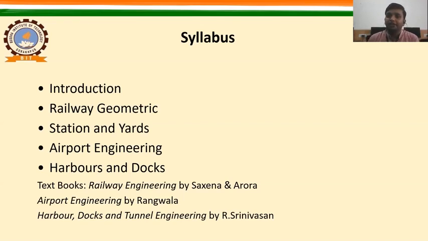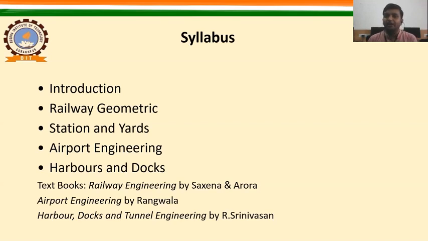Now coming to the textbooks which I will refer to all the students. The textbooks are: for railway engineering, the standard book by Saxena and Arora; Airport Engineering by Rangwala; and Harbor, Docks and Tunnel Engineering by R. Srinivasan.